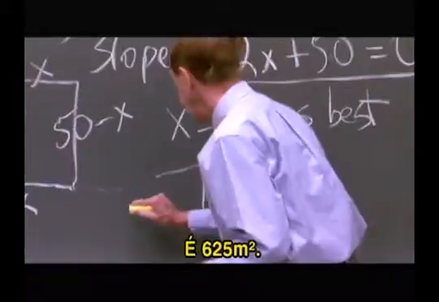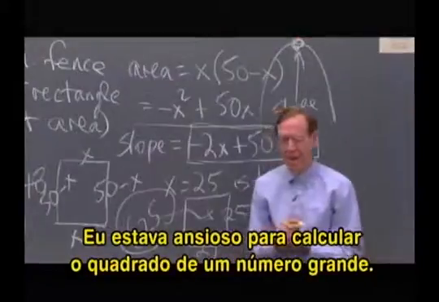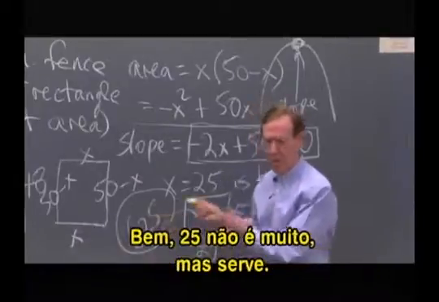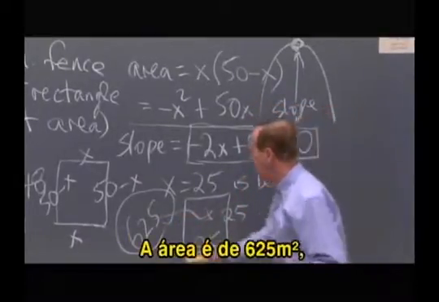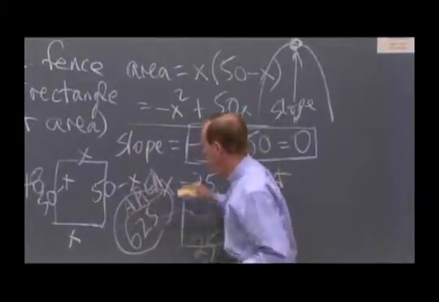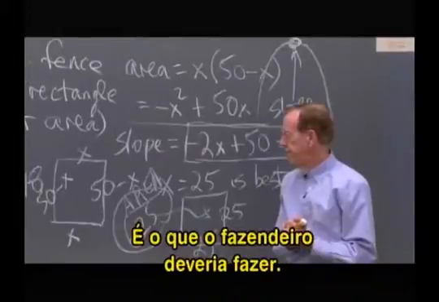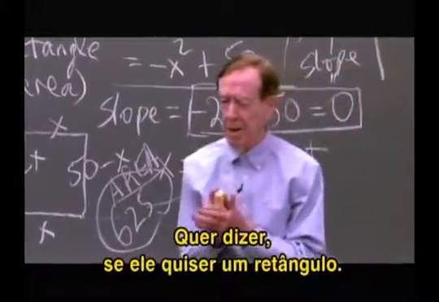Sure. 625. I've always been hoping to be asked to square a large number. 25, not very large, but it'll do. 625 is the area. And we think that that's the maximum. That's what the farmer should do, provided he wants a rectangle.